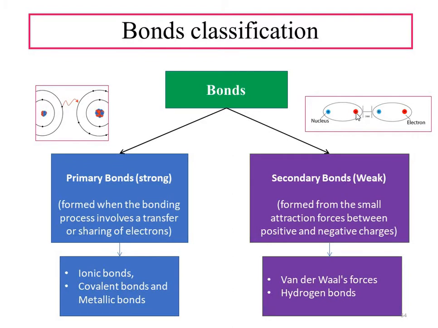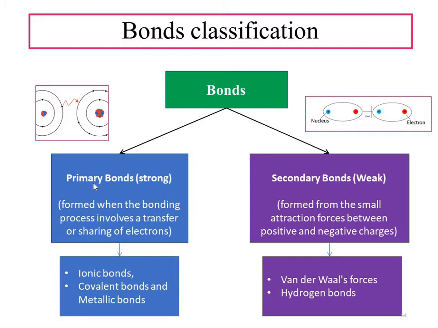Since they have different charges, they will attract each other. But in the primary case some sharing or transfer of electrons happens. As a result, these bonds will be very strong in comparison.